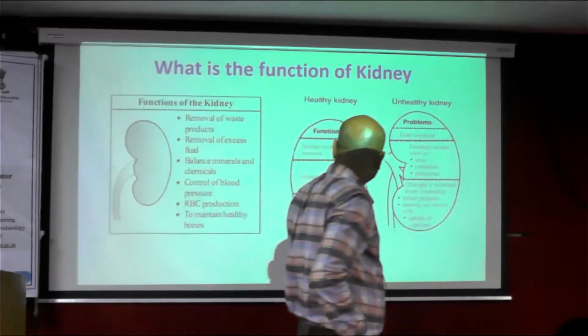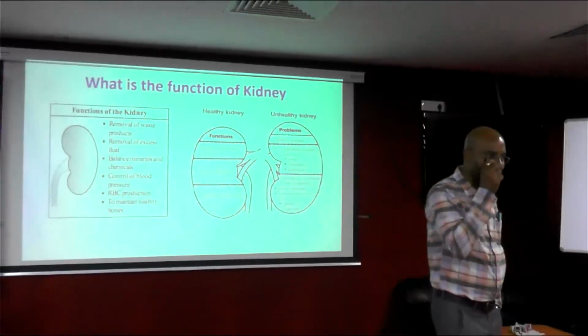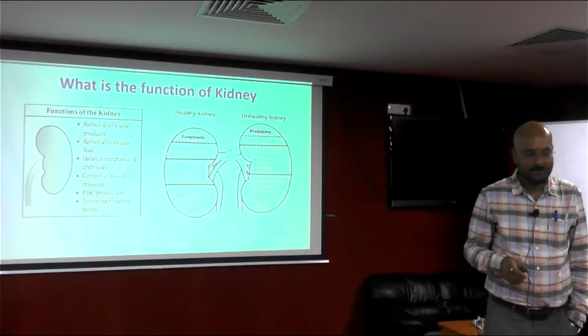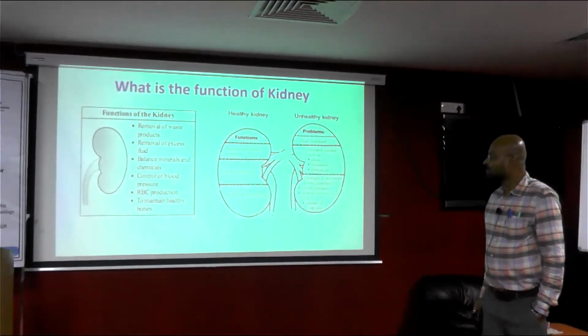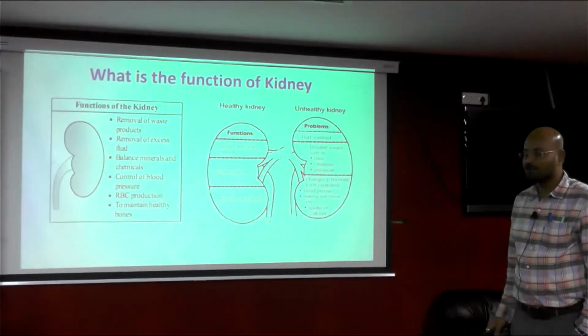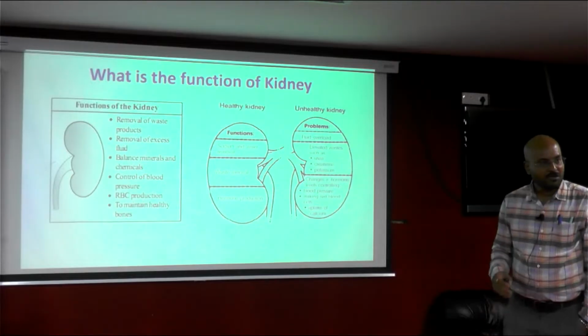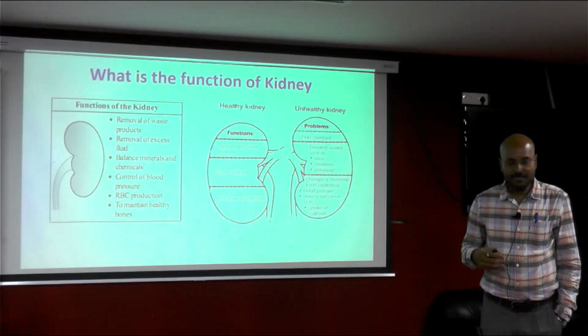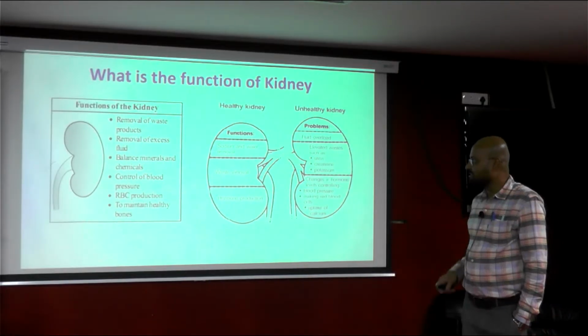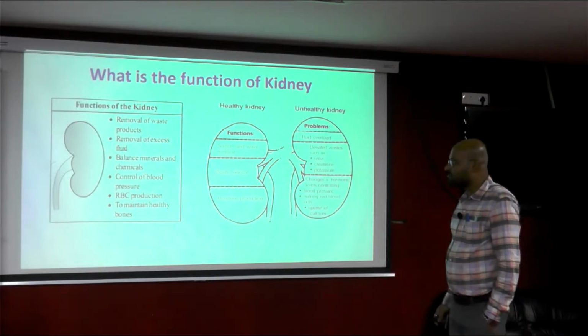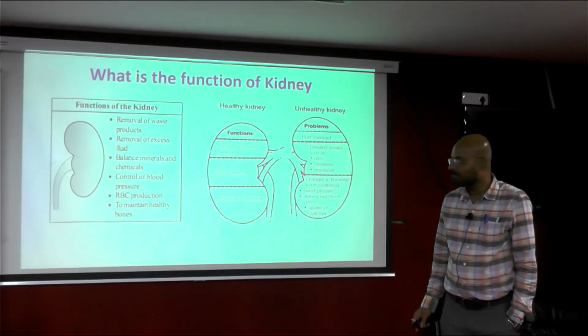So what is the function of the kidney? Already you might have known that the function of the kidney is the removal of waste products. That means whatever waste material from the food we are taking has to be processed by the kidney. Removal of excess fluid inside our body.